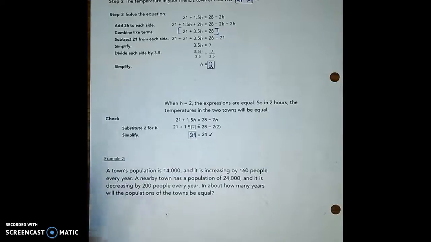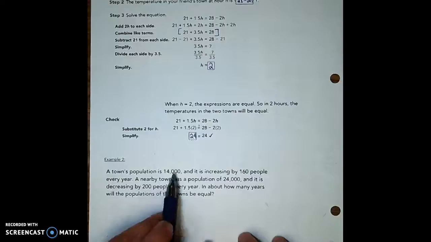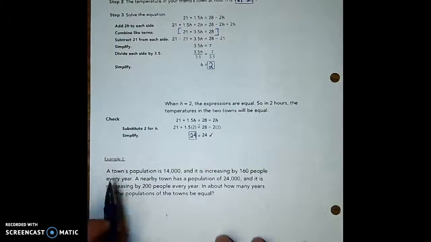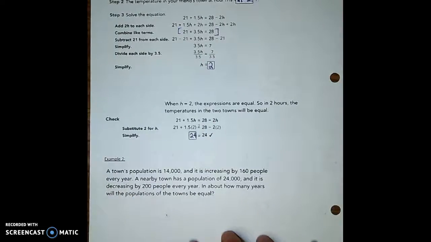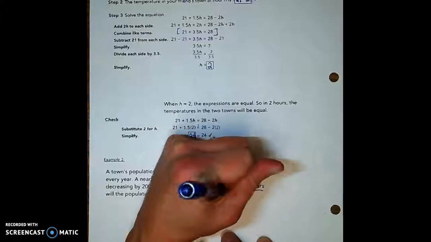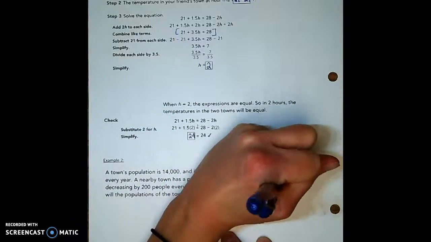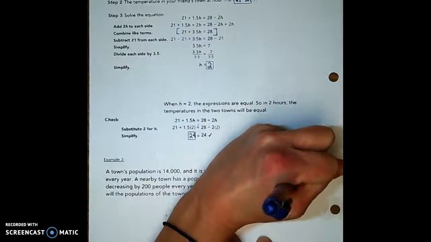It says the first town has a population of 14,000 and it's increasing by 160 people every year. Now the second one, we're at 24,000, decreasing by 200 people every year, and the goal is to figure out how many years. So I'm going to define my variable as y, the number of years.